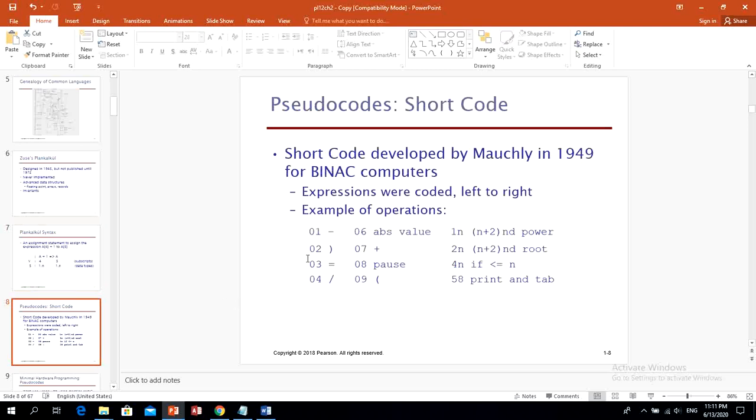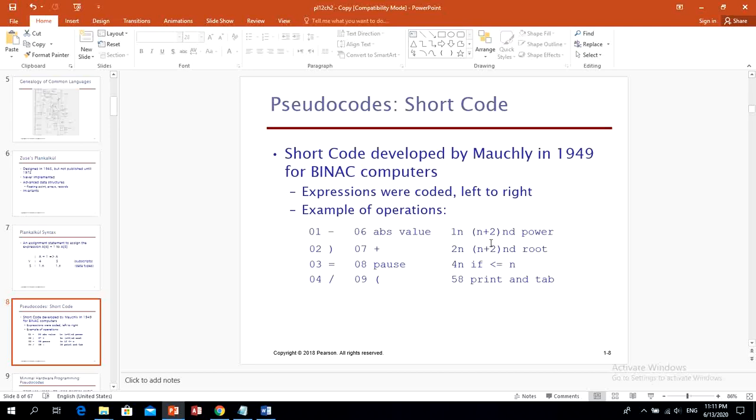The pseudocodes start with Short Code, which was developed by Mauchly in 1949 for computer systems called BINAC, and the expressions are also somewhat complicated or unreadable, so it has really poor readability, and expressions were coded from left to right.